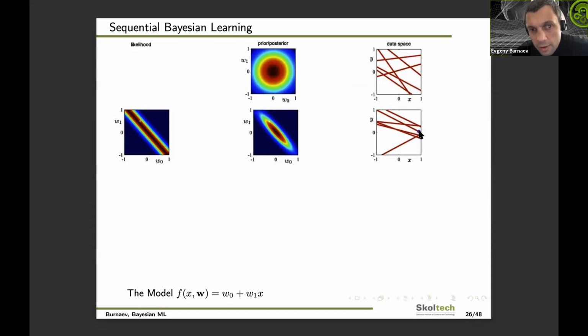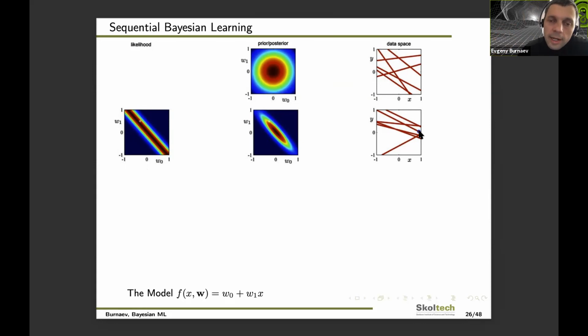And in blue here, I depict the one observation for which the likelihood looks like this. Okay, this is the first step.